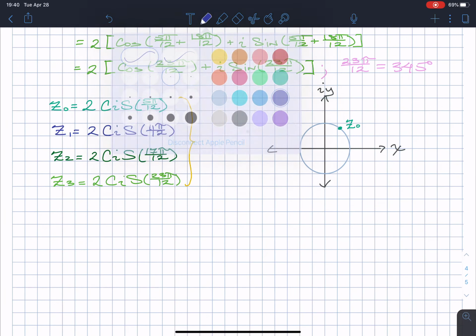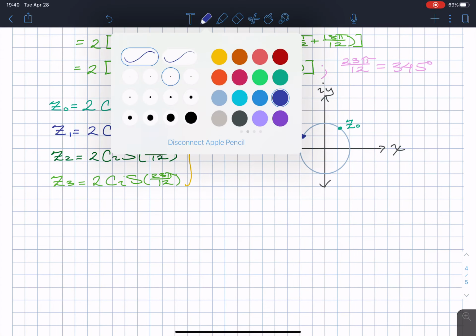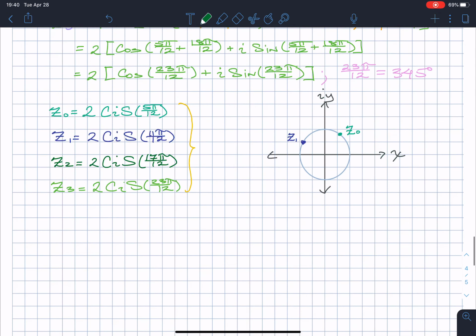z sub 1 was at 165 degrees. So that's approximately here. So z sub 1. Okay, z sub 2 is 17 pi over 12, which was 255 degrees. That's about here. So z sub 2, and finally, z sub 3 was at 345.